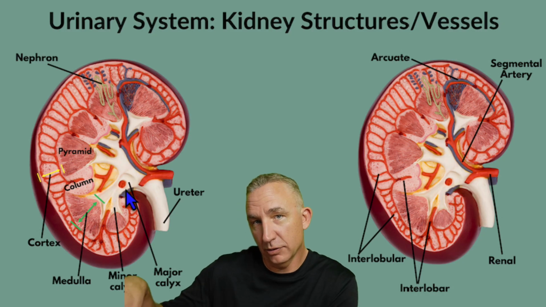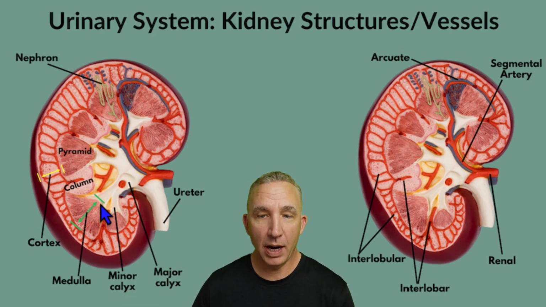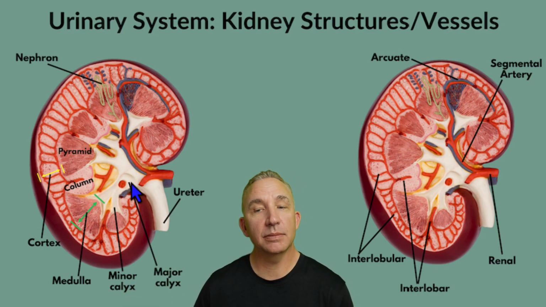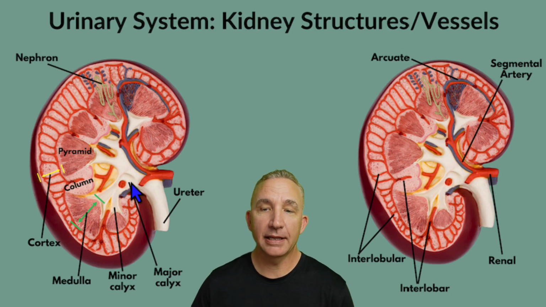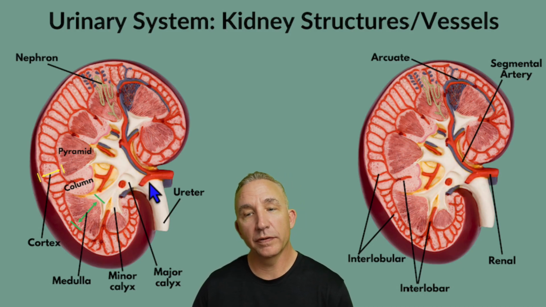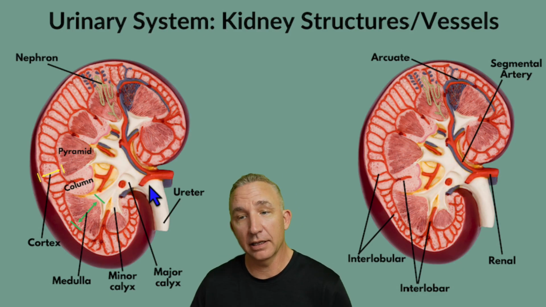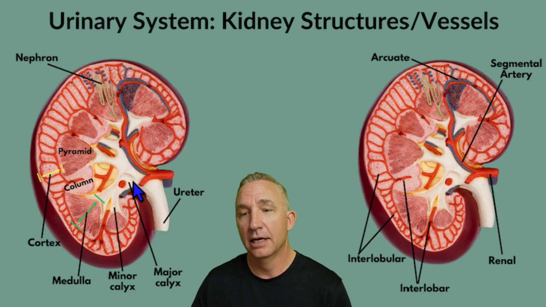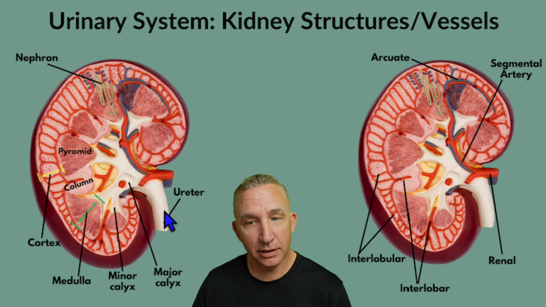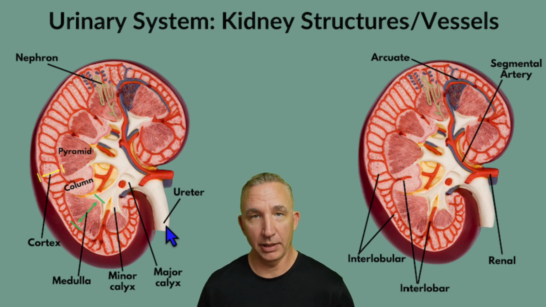It's getting larger as it funnels out. A minor becomes a major calyx, and then the major turns into what we call the renal pelvis as we leave the outside of the kidney, which is at the hilus. The renal pelvis then becomes the ureter, which will go down to the urinary bladder.